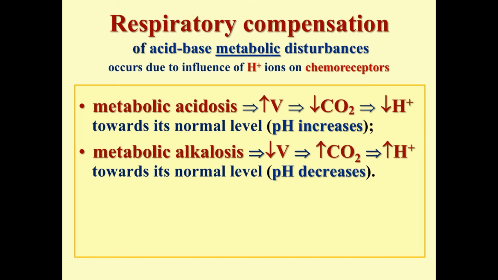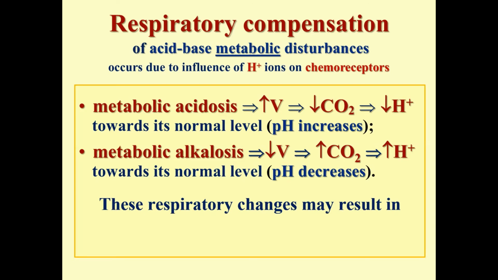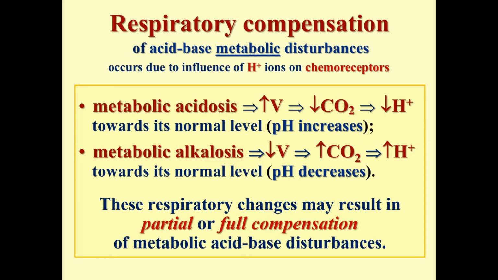There is accumulation of CO2, and this excess of CO2 produces additional H+ ions that compensate the initial alkalosis, and pH becomes less and comes closer to normal, or sometimes returns into normal range of values. These respiratory changes may result in partial or even full compensation of metabolic acid-base disturbances.